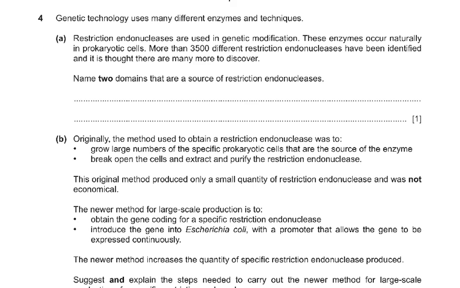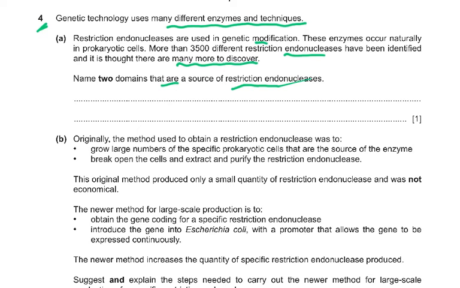Now coming to question number 4. Genetic technology uses many different enzymes and techniques. Restriction endonucleases are used in genetic modification. These enzymes occur naturally in prokaryotic cells. More than 3,500 different restriction endonucleases have been identified, and it is thought there are many more to discover. Name two domains that are a source of restriction endonucleases.